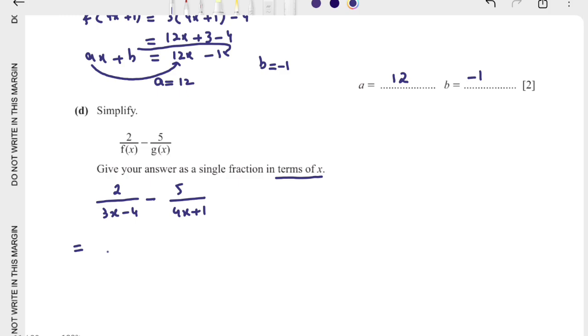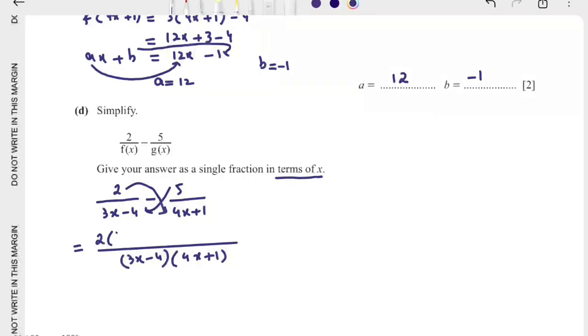So we take the LCM. The LCM will be (3x minus 4) and (4x plus 1). We do cross multiply.